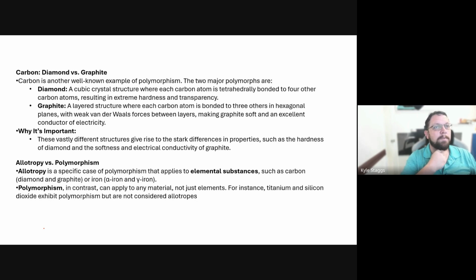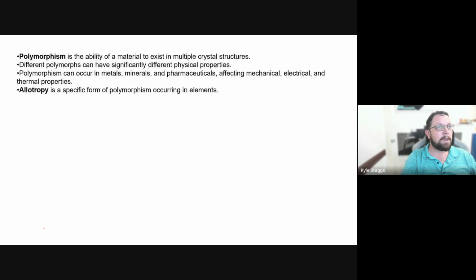But a polymorphism can be in any material, any kind of element, titanium, silicon dioxide, polymorphisms, but they cannot be allotropes because an allotrope requires it to be a single element, which is why graphene and graphite and diamond would all be in that same category.